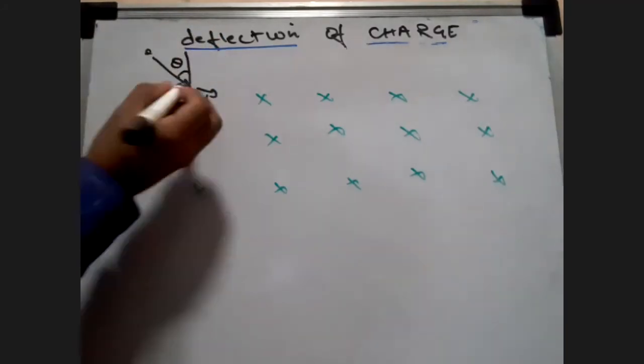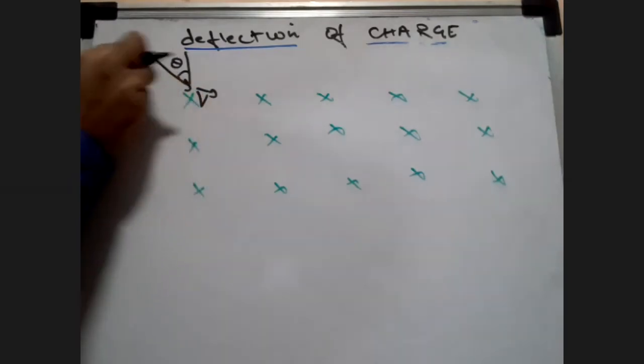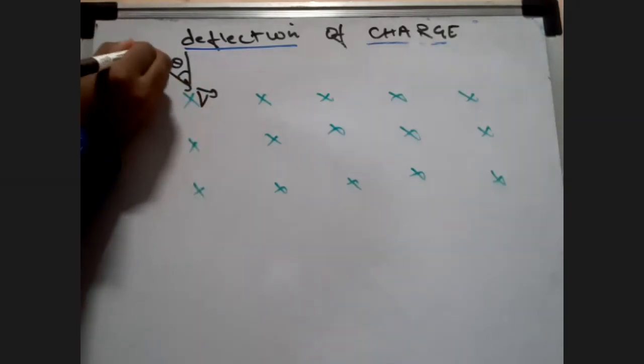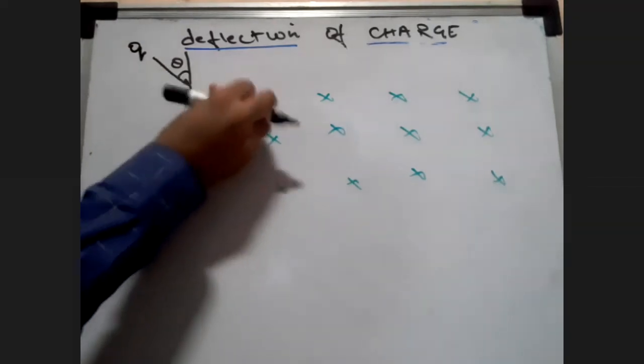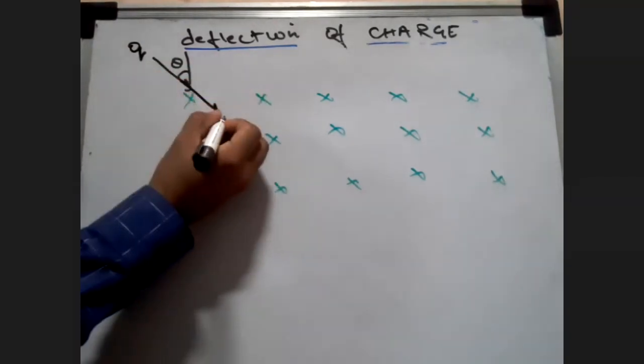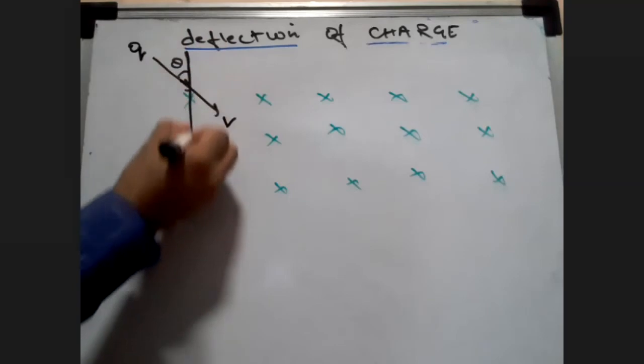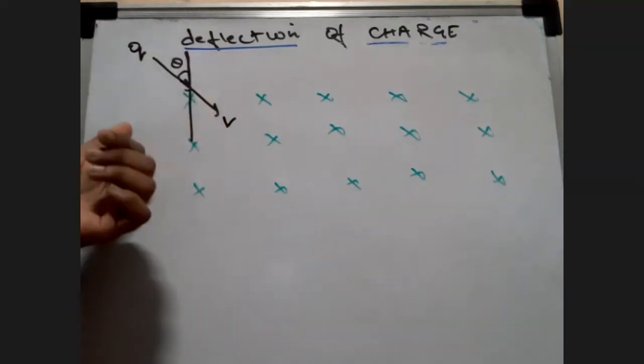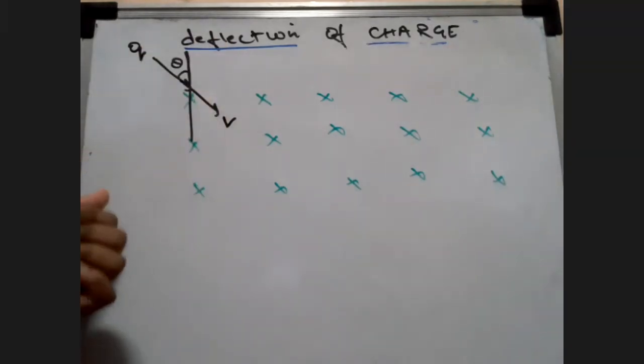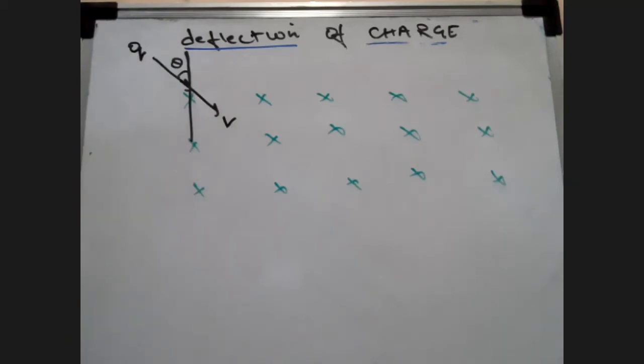So you can see this charge q is going to have some velocity v, and it is making an angle theta. So in that case, can you tell me what will be the path? How will the path be in this case? What will be the path of the charge in the magnetic field?